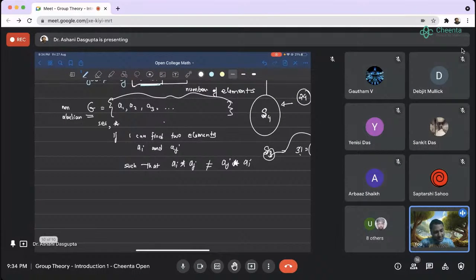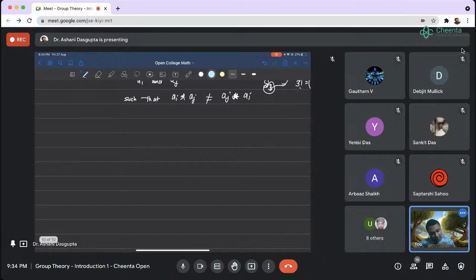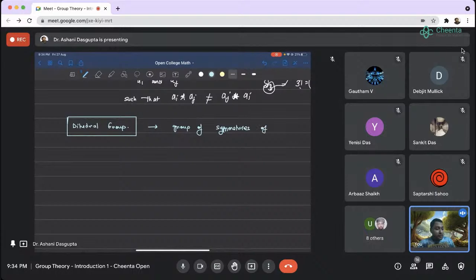So let's look at that. So dihedral group. So it's basically the group of symmetries of a figure F.